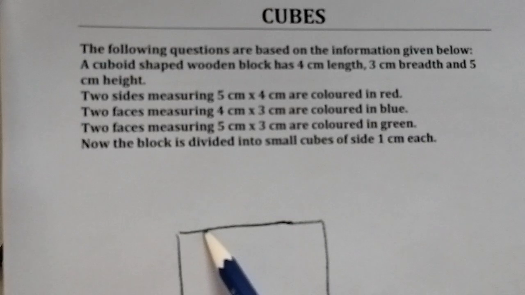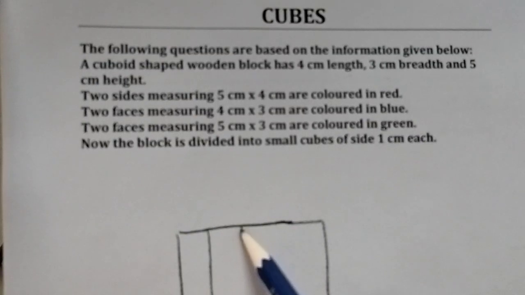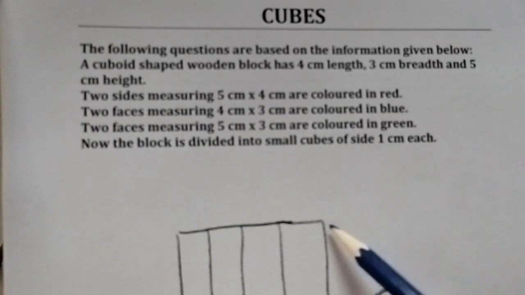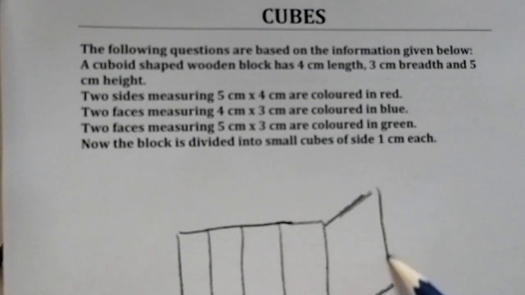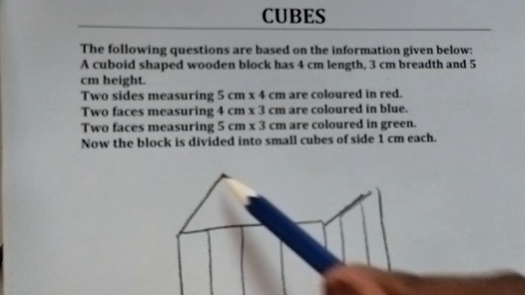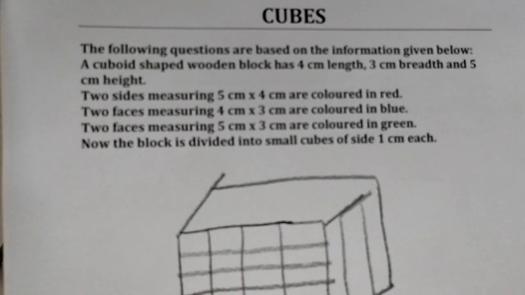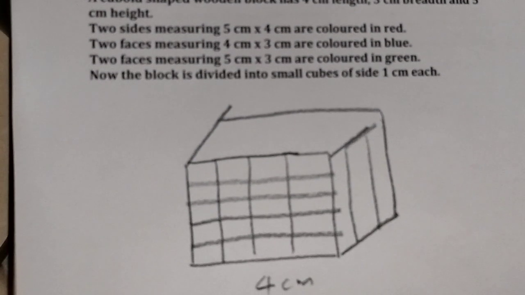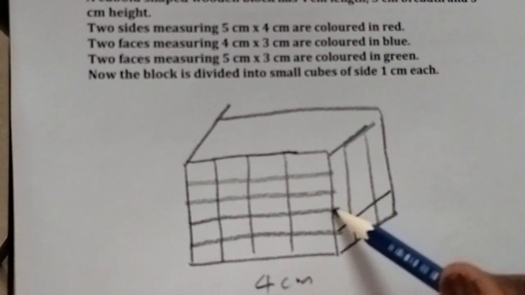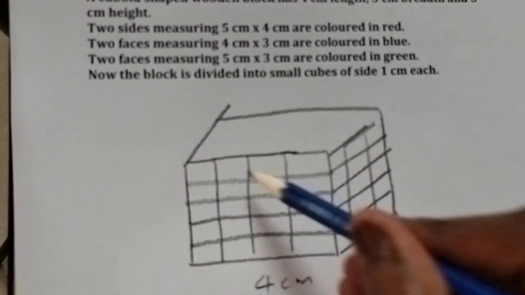This length is given as 4 centimeters, breadth is 3 centimeters, and height is 5 centimeters. We are just making it into 5 equal parts. Now we are making the cuboid like this.